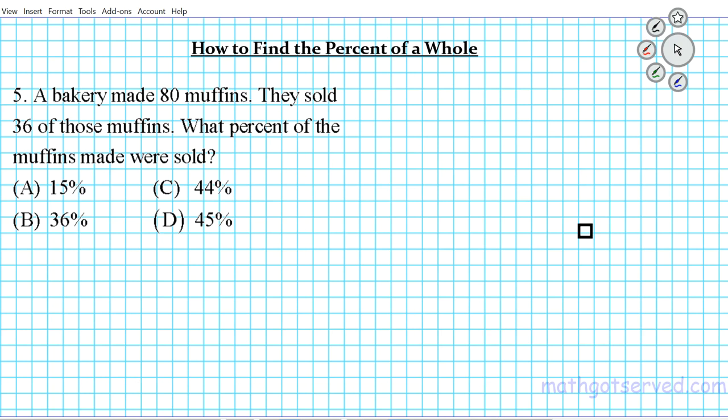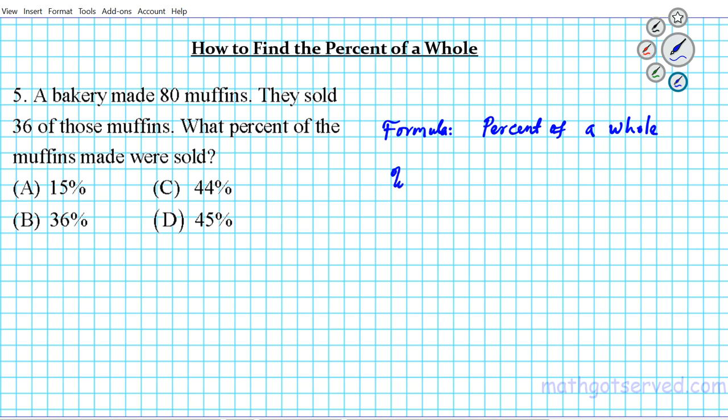All right, so let's take a look at the formula. Another formula that you can access on our website, mathgotserved.com, is the formula for finding the percent of a whole. So how do you do that?